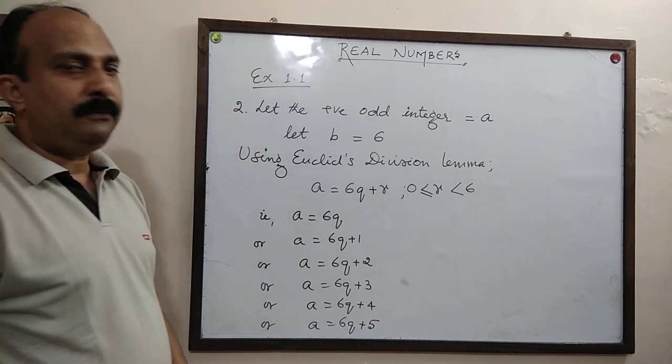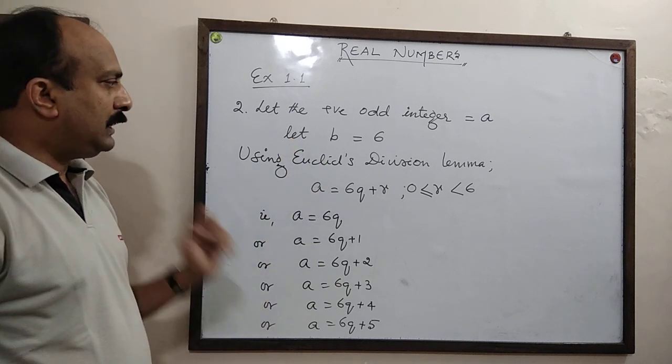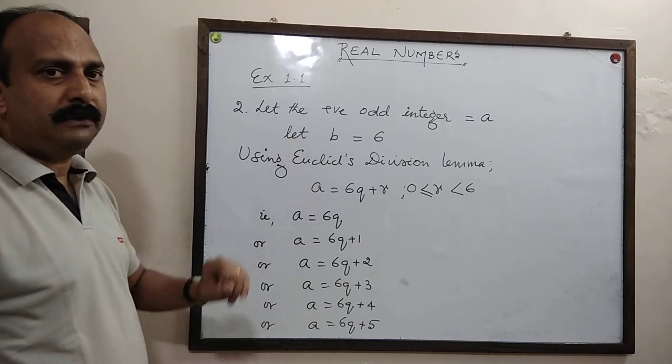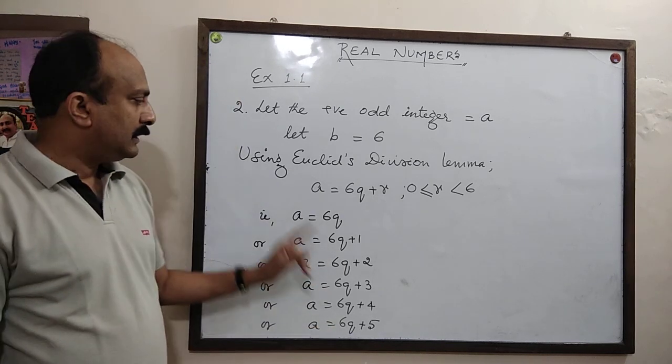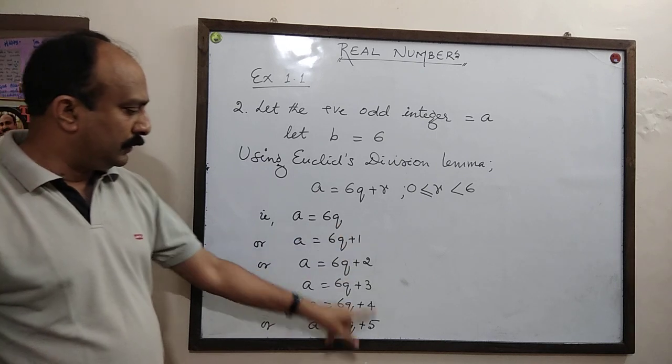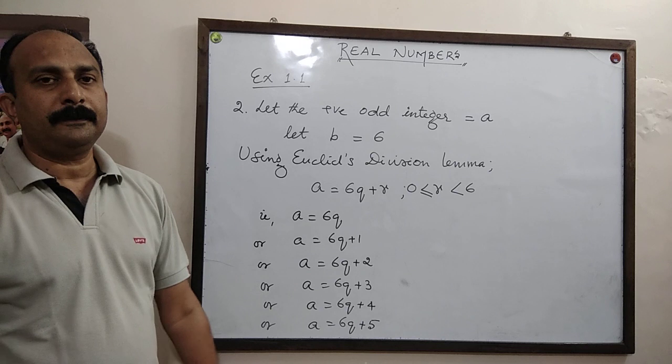These are the possible ways in which we can write A. When any positive odd integer is divided by 6, remainder can be 0 to 5. So 6q plus 1, 2, 3, 4, 5.